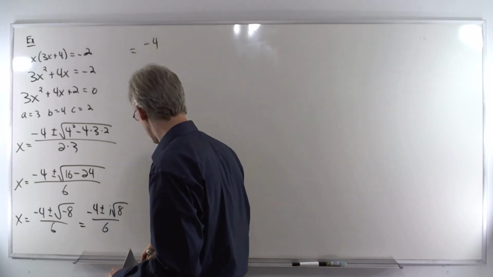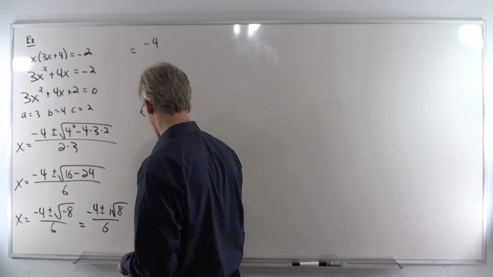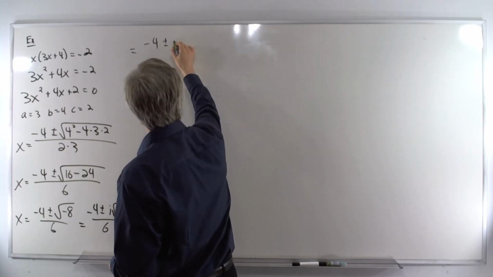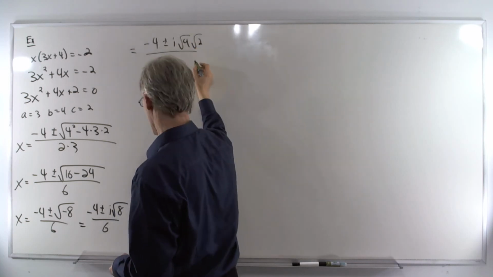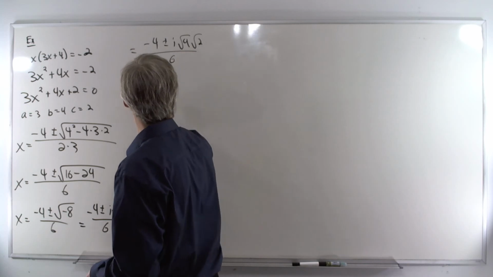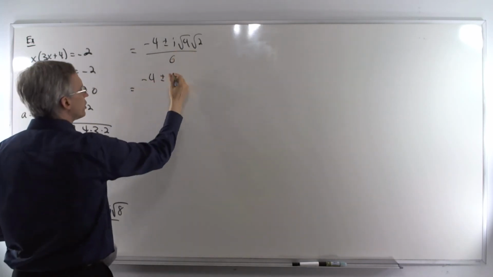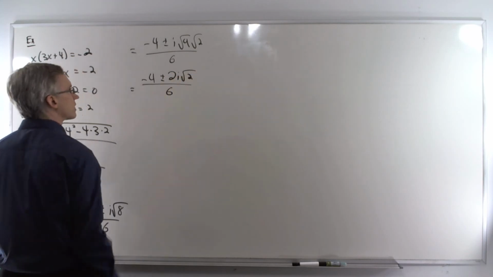Now, the square root of 8, we can simplify and break up into the square root of 4 times the square root of 2, all over 6. The square root of 4 is 2, so we've got 2i square root of 2 over 6.